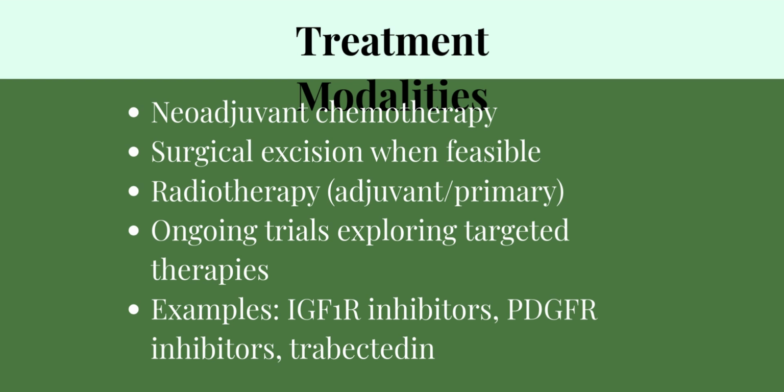Treatment typically begins with neoadjuvant chemotherapy, followed by surgery when possible and radiotherapy as needed. Research into targeted therapy is ongoing, focusing on pathways activated by EWSR1 and ETS fusion genes, receptor tyrosine kinases, and apoptotic pathways.